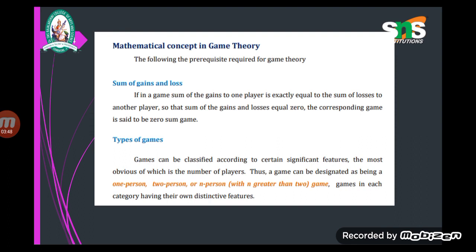There are different types of games. Games can be classified according to significant features. The game can be designated as a one person, two person, or n person game. For example, in chess, there will be only two persons. In cricket, there will be many persons. So it will differ according to the game.